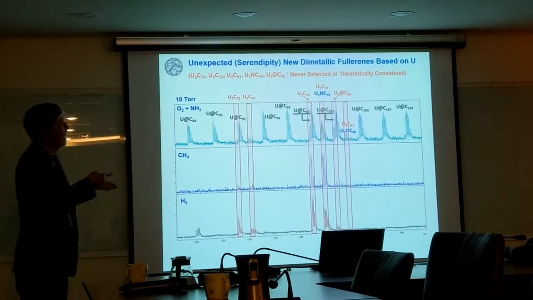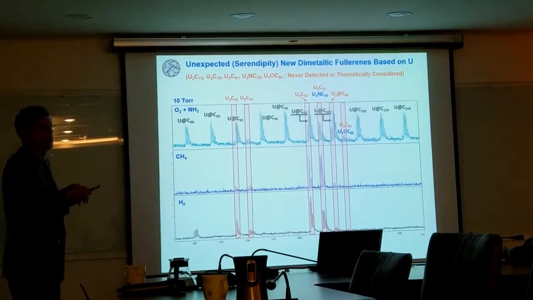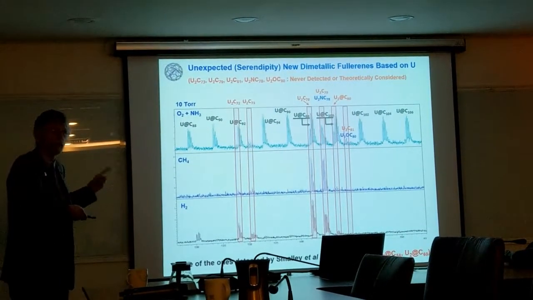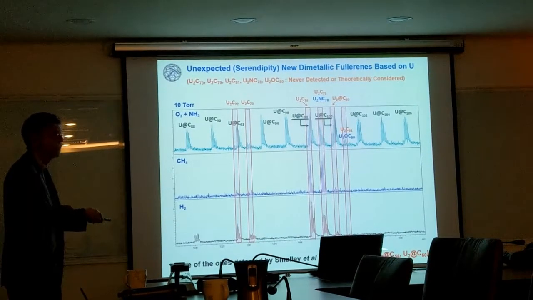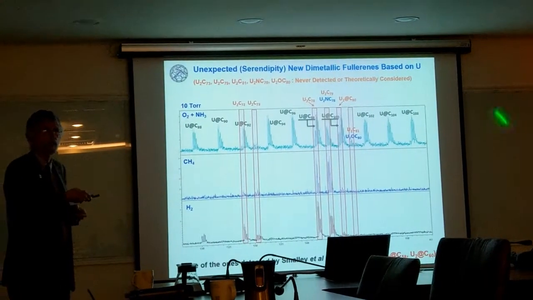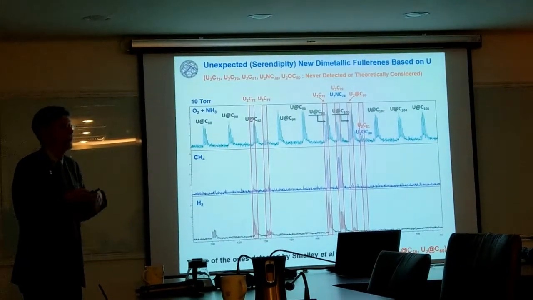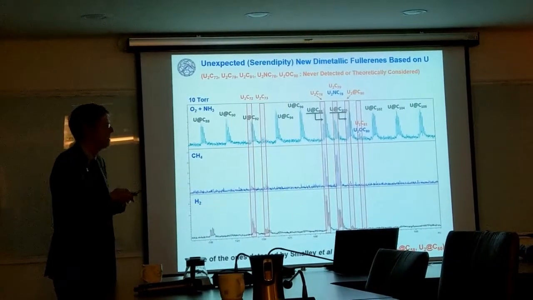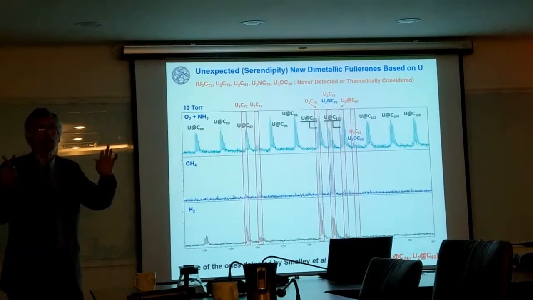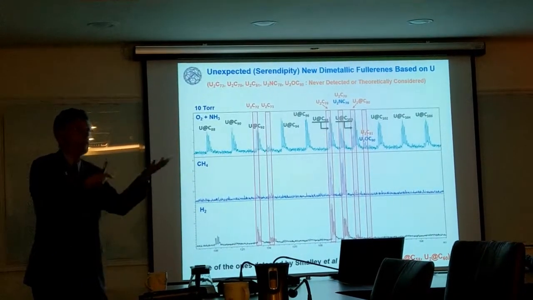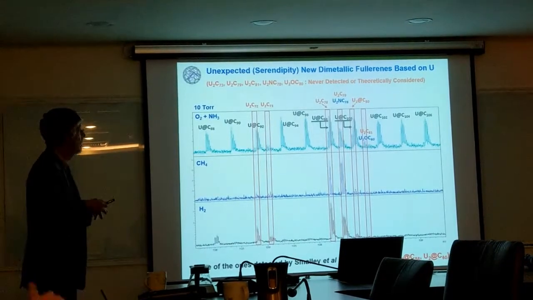And no one had ever detected any of these things, so they didn't calculate. They did calculate the ones for Smalley, but interestingly, the ones that Smalley detects are none of the ones that we detect, and vice versa. So they're mutually exclusive. We can discuss this in the question period if you're interested. I think I know the answer, but intrinsically, the methodologies are very different. Arc reactor, very different from laser ablation under high vacuum, but we can talk about it.